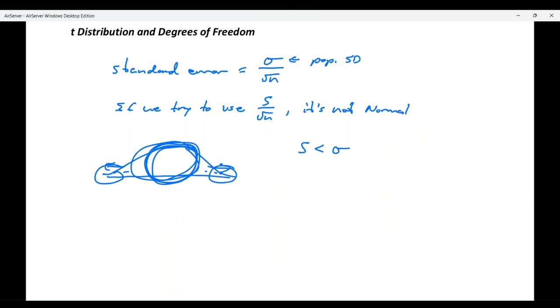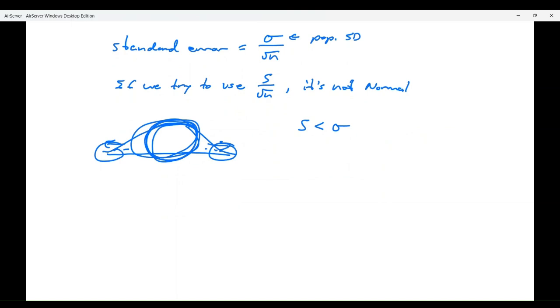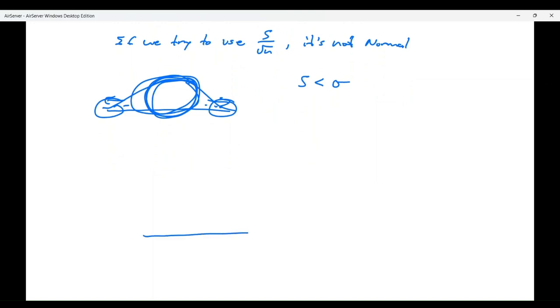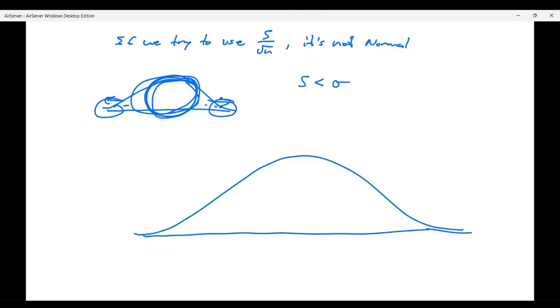Because of that, the curve for my sample isn't necessarily normal. So if this is the normal curve, my sample curve might look something like this, where it's a little bit higher in the middle. Now, as I take a larger sample size, it should get closer and closer to looking normal.